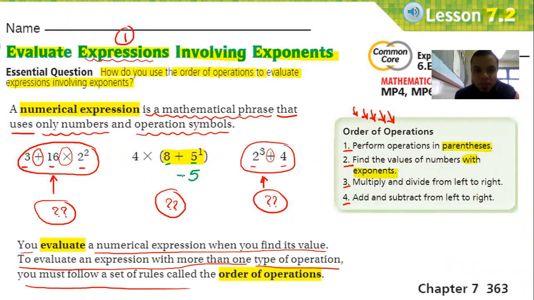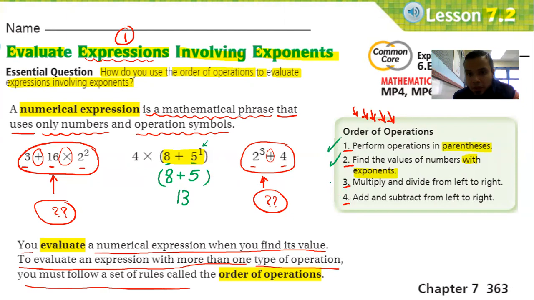That's right. And 5 plus 8 inside the parentheses equals, good job, 13. So we have finished step 1, we solved the operation inside the parentheses, and we have solved the second one. If we see any power or exponent like this, calculate it first.